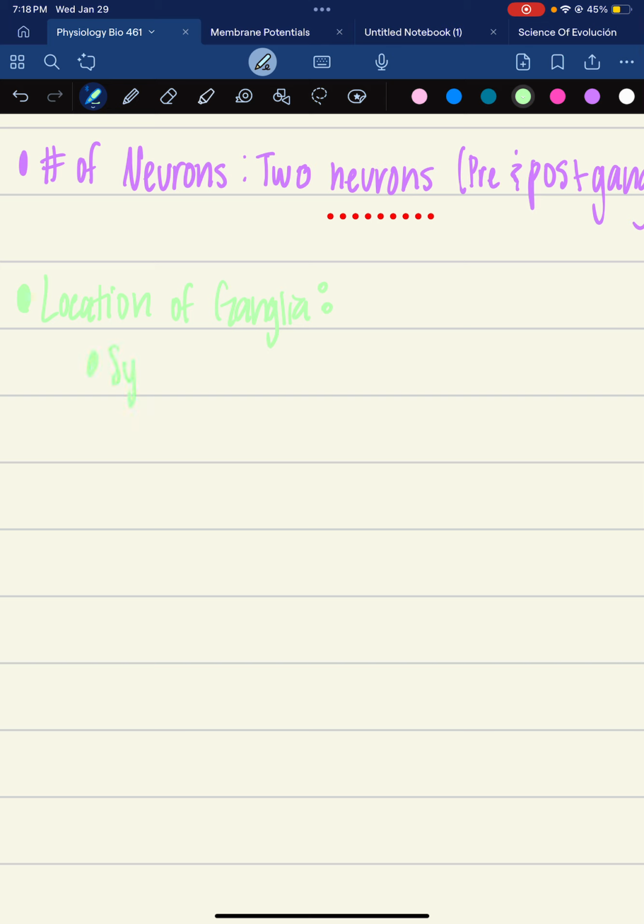The sympathetic chain is alongside the spinal cord, and then the collateral ganglia are near the abdominal arteries.